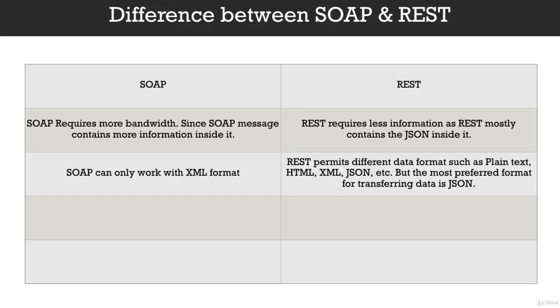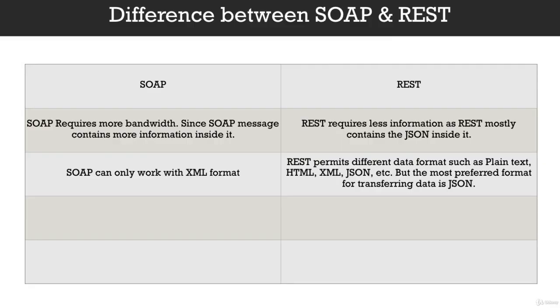SOAP also requires more bandwidth, because it's completely built on XML format, and it contains more information about a single message, like which user is consuming the service, what the URL is, or the architecture of the resource that we want to consume.